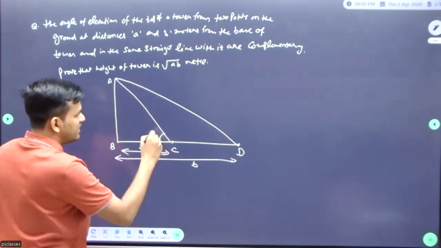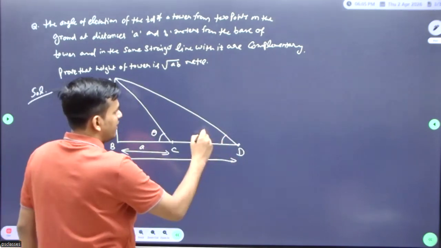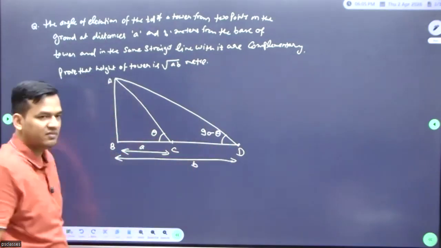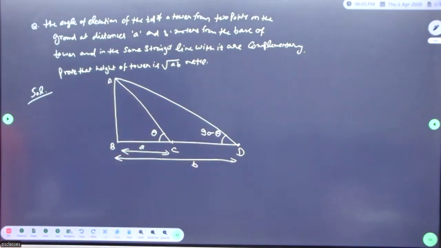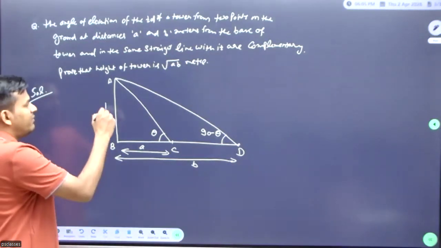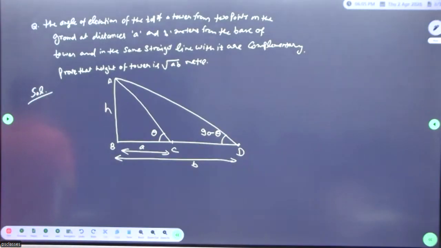So if this angle is theta, then this will be 90 minus theta. And we have to find the height of tower AB. So let the height of tower be H.